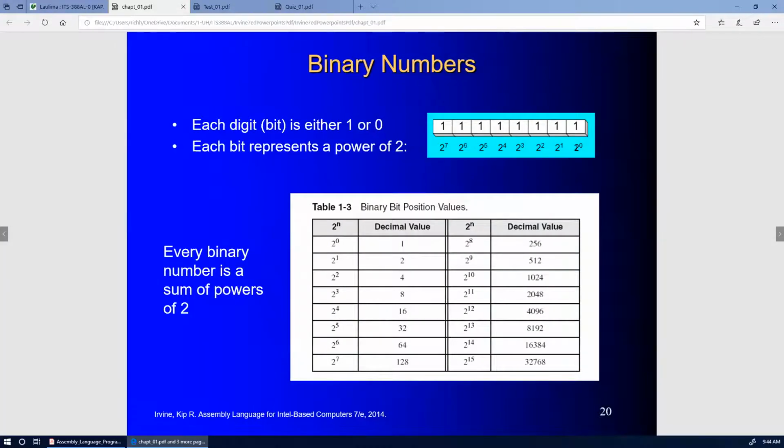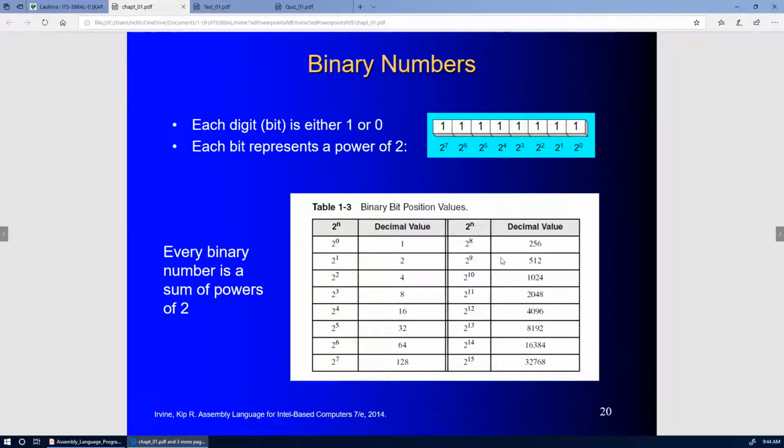And so each one of these bits is 2 to the 0, 2 to the 1, 2 to the 2, 2 to the 3. In base 10, it's 10 to the 0, 10 to the 1, 10 to the 2, 10 to the 3. In base 2, it's just 2 instead of 10.